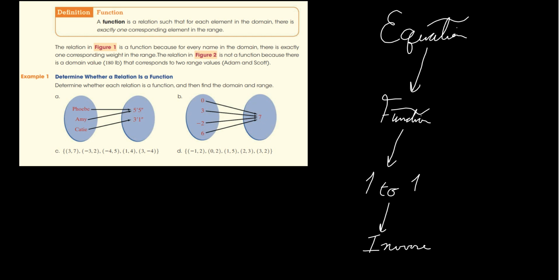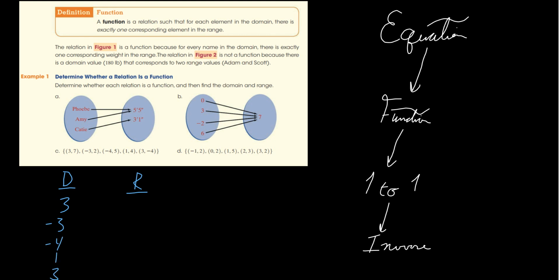Okay, so these are ordered pairs. It's a set of ordered pairs. And what we're looking for here, and if you want to, let's go ahead and draw this out. We'll put D and R. So the domain is the set of all x values here, so we would say 3, -3, -4, 1, and 3.